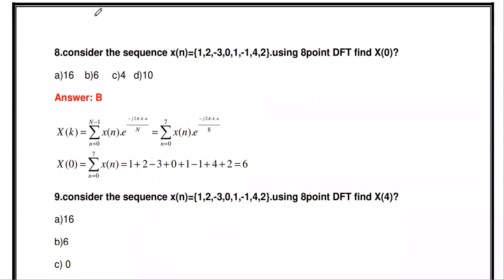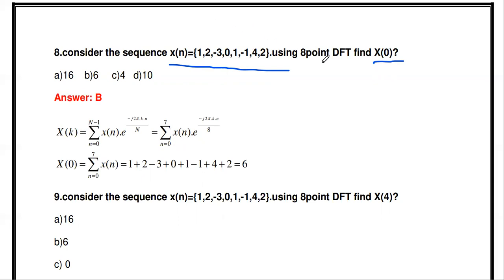Then the next question: consider the sequence x of n is equal to 1, 2, minus 3, and so on, some values are given. Using 8-point DFT, find capital X of 0. So how many samples are given in the sequence? 8 samples.